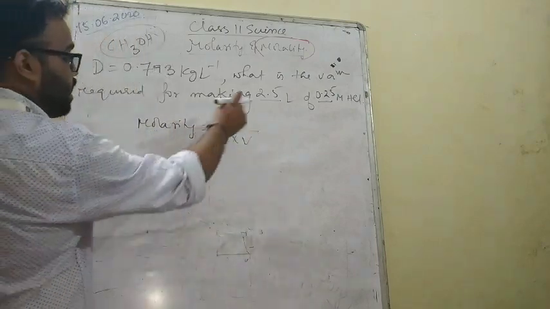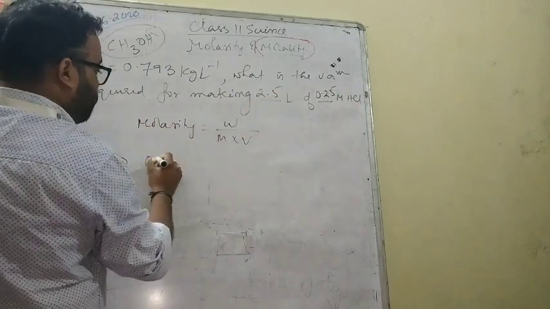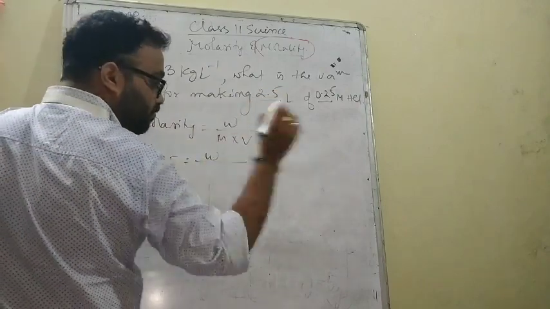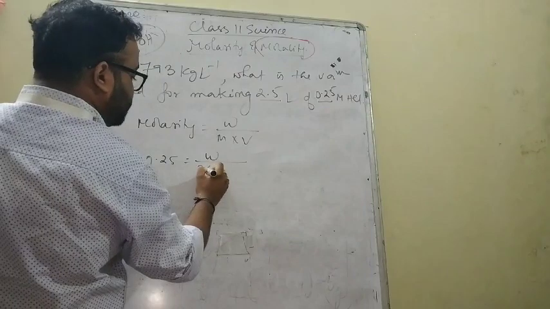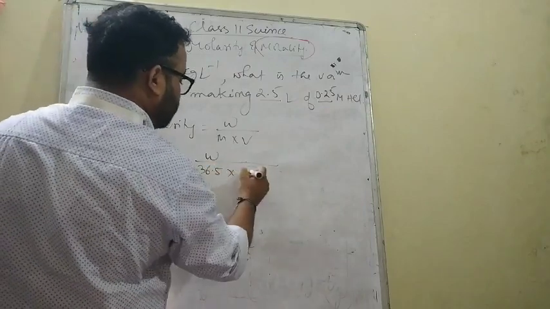So this implies molarity is 0.25. Given mass you have to find out. Molar mass is 36.5, into volume is 2.5 liter.